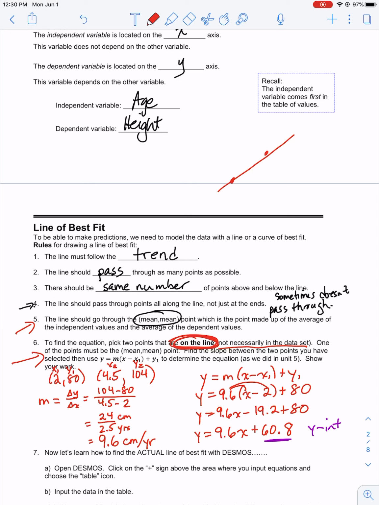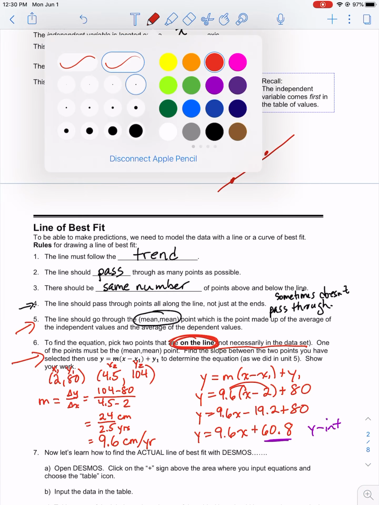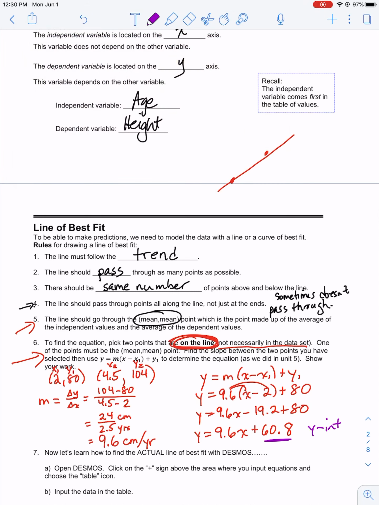But I use it anyway. Well, then I'm not trying to find the line of best fit for the line that I've drawn. What I'm actually finding is the equation of this line here, which isn't the same line.